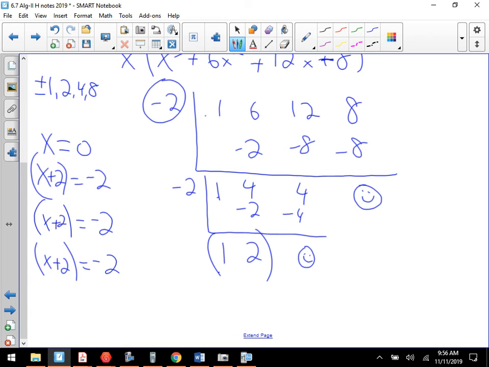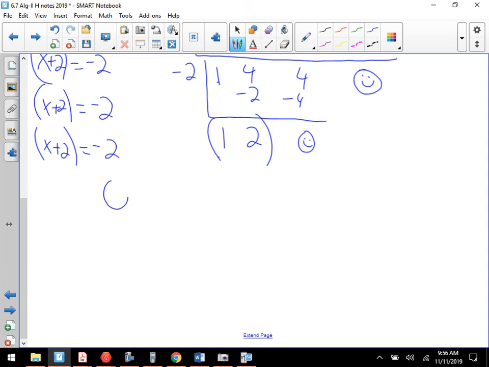So this case has multiplicity 3 at -2. So your answers are 0 and -2 with multiplicity of 3. And now graphically, that just goes through -2.